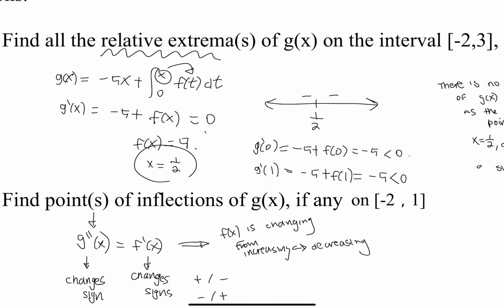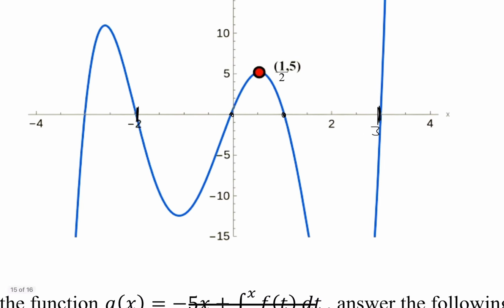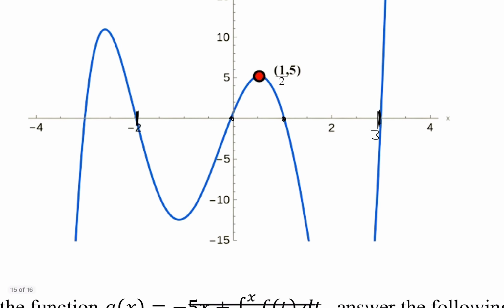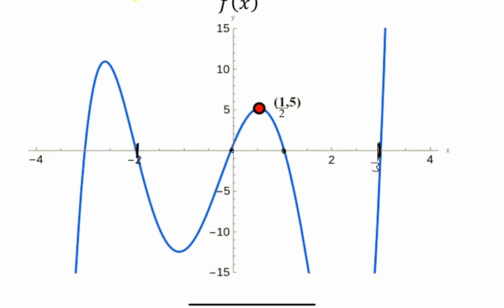So we're trying to find all the points where f of x is changing from increasing to decreasing and vice versa. Okay. And then this is on negative 2 to 1. So let's reset our boundaries.